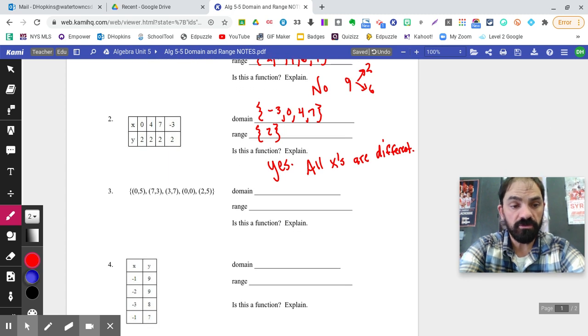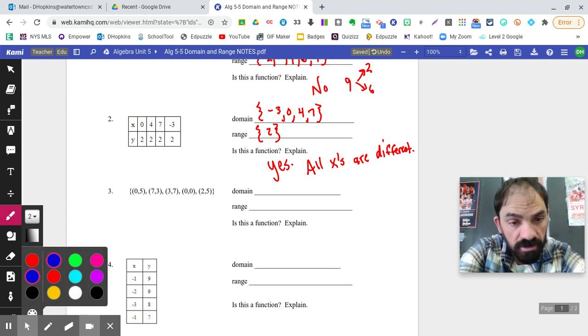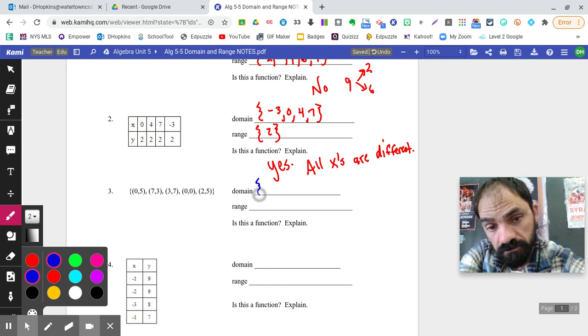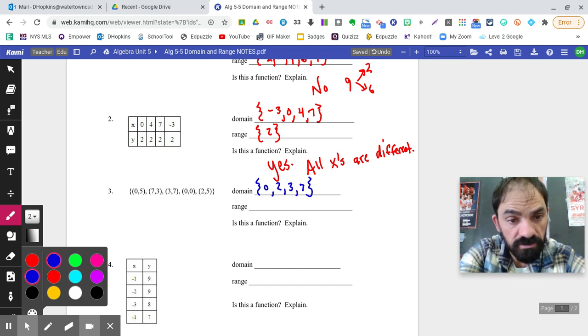All right, number 3, the domain 0, 7, 3, 0, 2. So 0, 2, 3, 7. And the range 5, 3, 7, 0, 5.